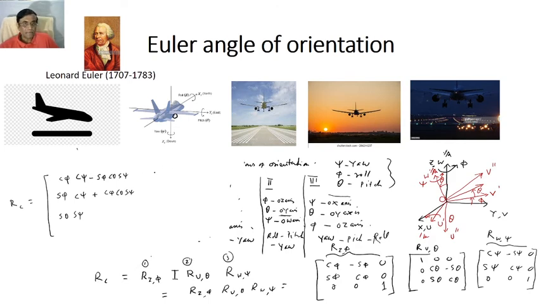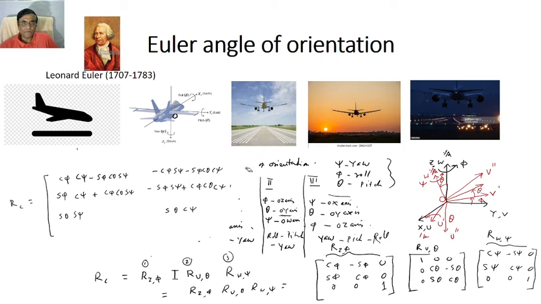Second column is minus cos phi sin psi, minus sin psi cos theta, sin psi cos psi, okay, minus sin phi sin psi plus cos phi cos theta cos psi, and then this is sin theta cos psi.